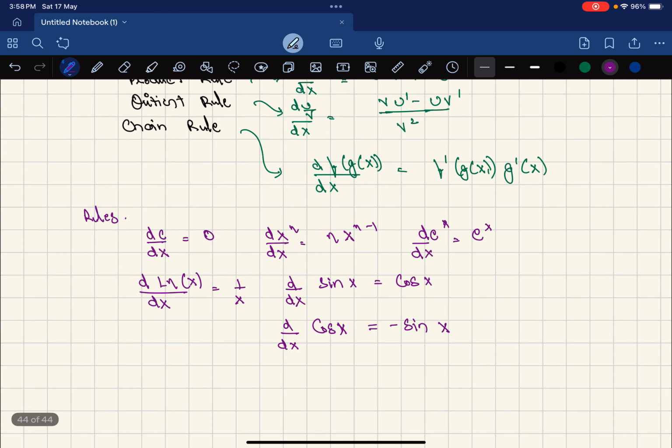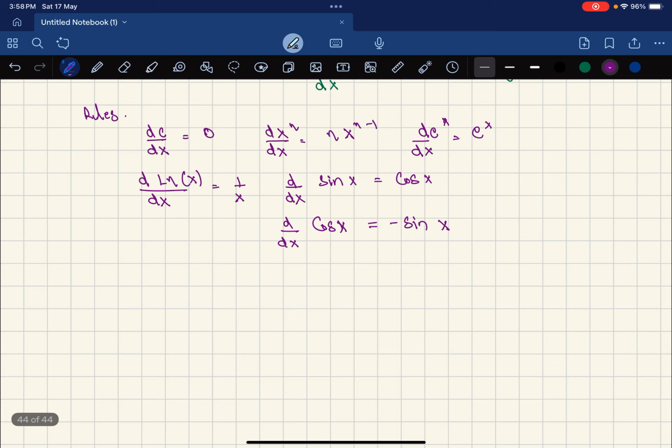And next, let us try to derive the derivative of tan x instead of remembering it. So tan x is nothing but sin x upon cos x. Now if you remember, this is an application of the quotient rule, since there are two functions in a ratio form.